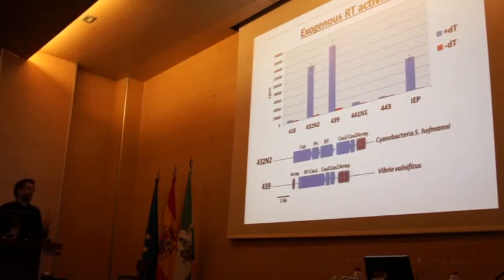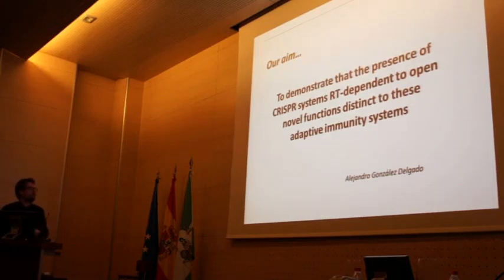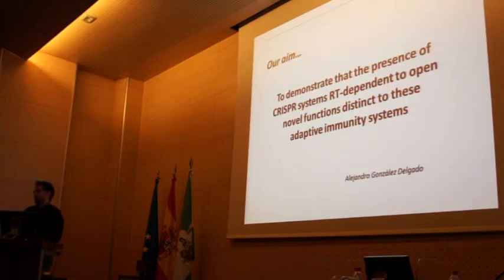To discover the real role of these RTs in our CRISPR systems, we will use in vivo assays, cloning the adaptive operon into a heterologous host or into the same bacterium from which it was isolated. Our final aim is to demonstrate that the presence of CRISPR systems is dependent on novel functions distinct from this adaptive immunity system. That's all. Thank you so much.